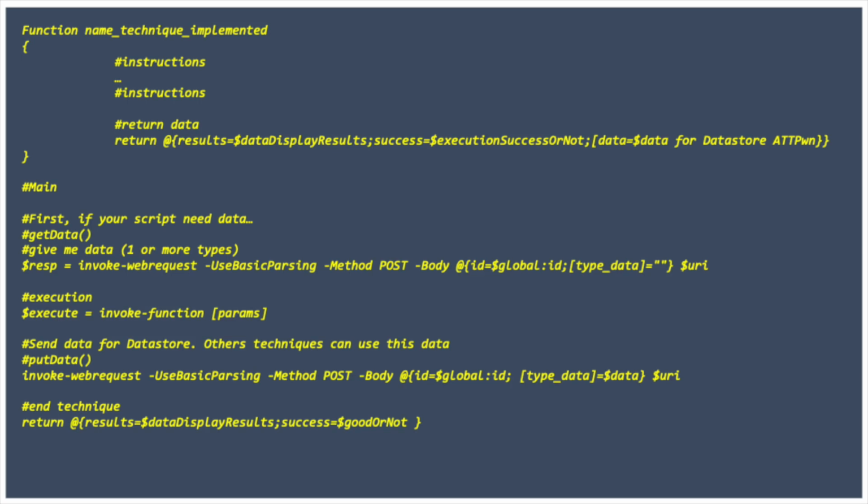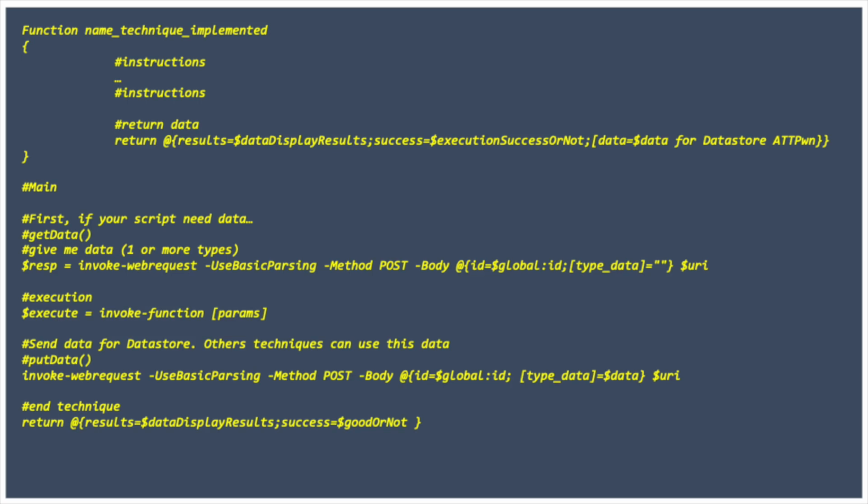The main components from the skeleton functions are the technique to be launched, or the function, and the main program. This main program will be in charge of managing the flow of the technique to be performed.